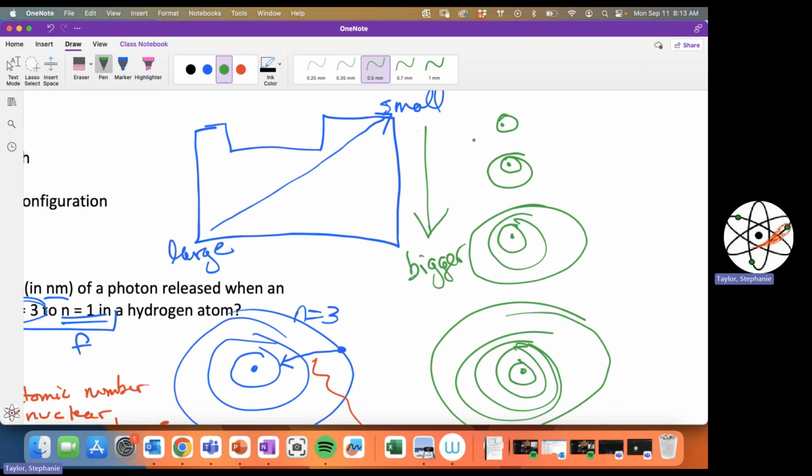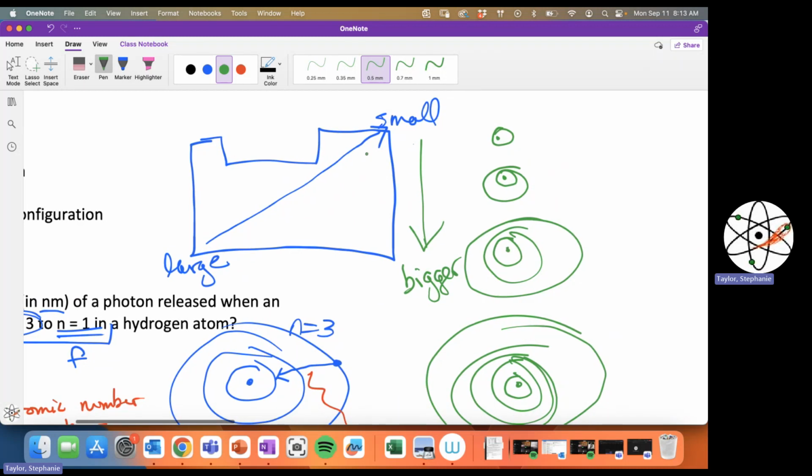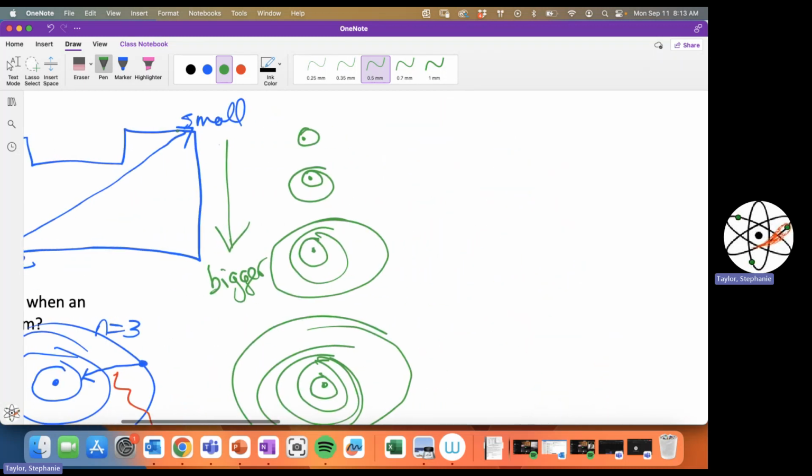Now, as far as left to right goes, this one's a little bit stranger, but when you think about it, realize that if we're talking about something in, say, the 2p subshell, so I have a nucleus, and then I have electrons in n equals 1, and I have electrons in n equals 2.